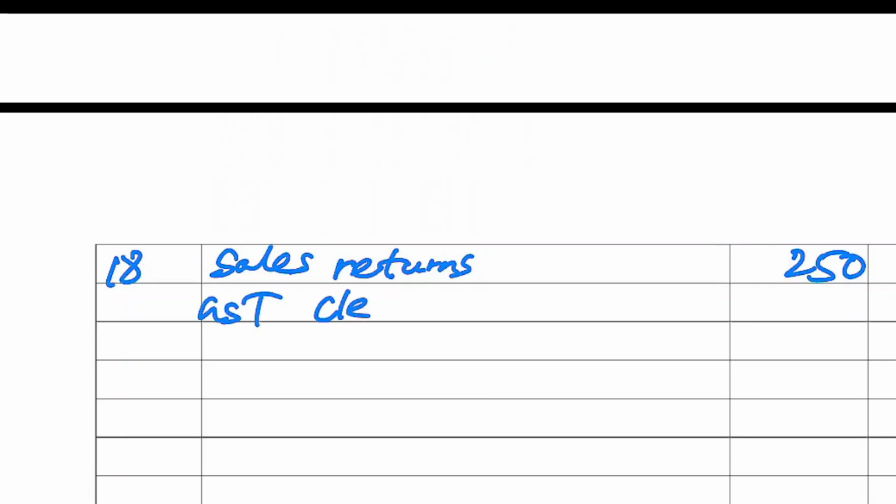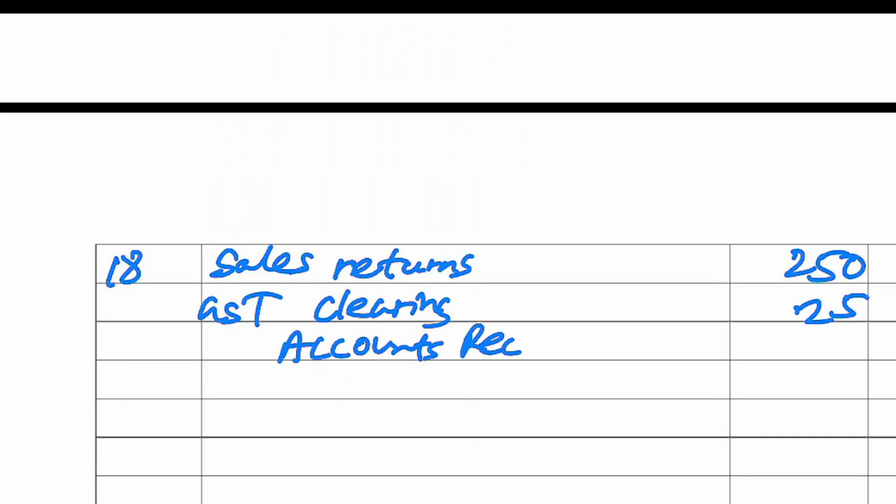So sales return, 275? No. Oh, it says plus GST, right? Sales return how much? Is it 250? 250. Yep. Then 25 GST clearing, and then accounts receivable credit 275.